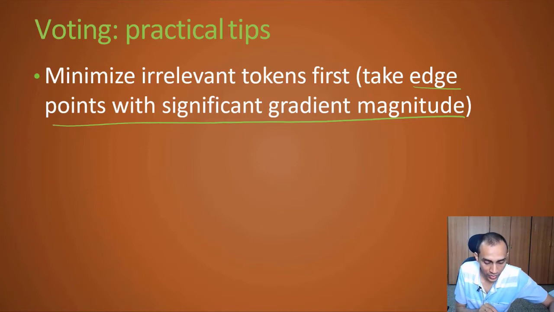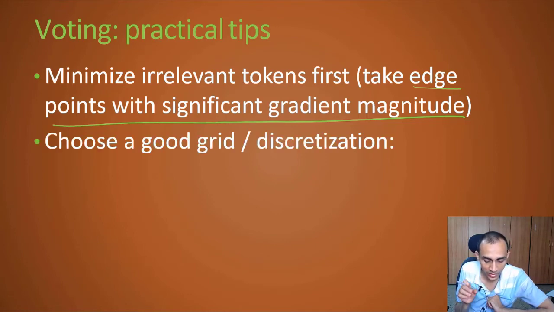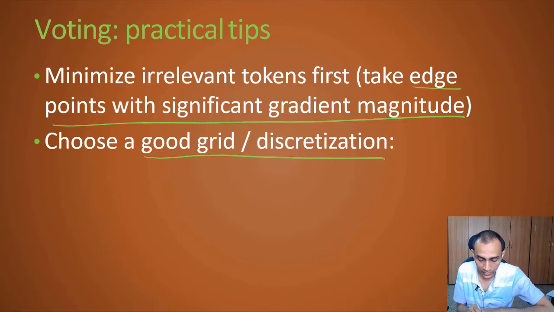Another thing is we have to use a good discretization, meaning how fine you make your bins. If you make your bins too coarse, taking larger steps, large votes are obtained when too many different lines correspond to a single bucket.